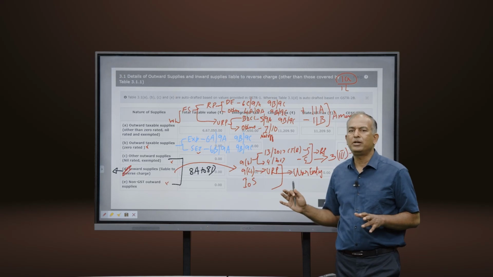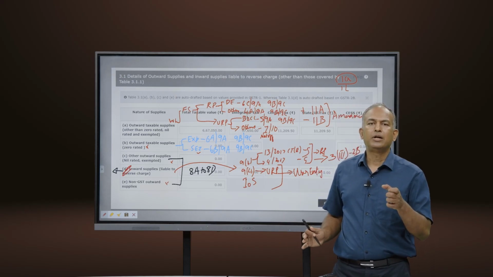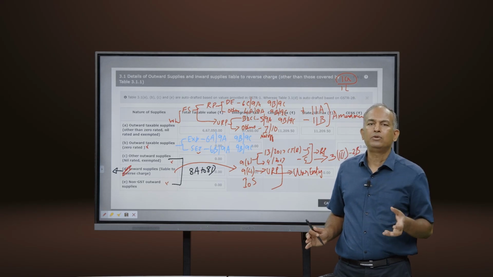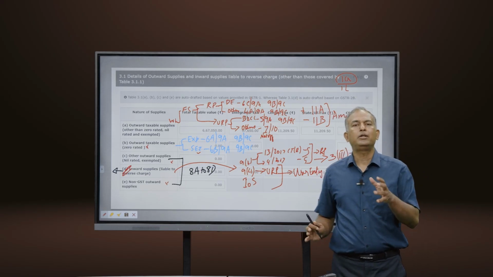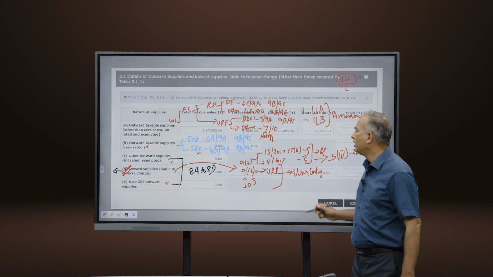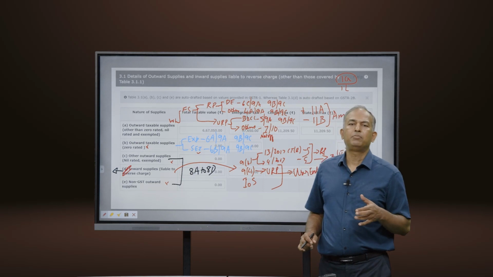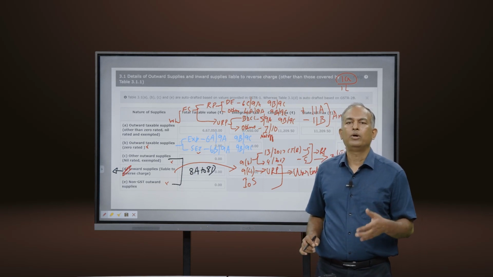The second part that you need to remember is that reverse charge entries flow from table 3.3 of your GSTR 2B. It is not that the amount is fixed, because reverse charge can accrue from supplies from an unregistered person and also with reference to import of service.